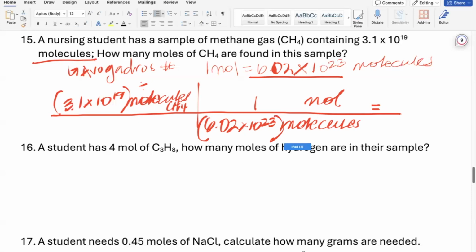All right, so I got 5.15, just for the sake of rounding, times 10 to the negative 15, and this would be moles.